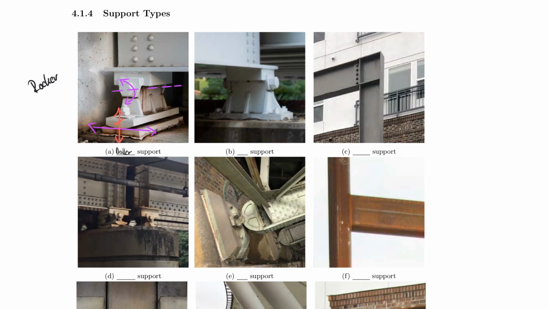Now let's take a look at the picture to the right of it. That one also has a very similar look, and yes, there's also an axis of rotation about which the system is free to rotate. But now please take a look at the plate here on the bottom. There's no sliding like here. There's actually a bolted connection. And what that means is that we need to use our red color here, I guess. So I have restriction in this direction. It is definitely not able to move in that direction, but it's also not able to move in the vertical direction.